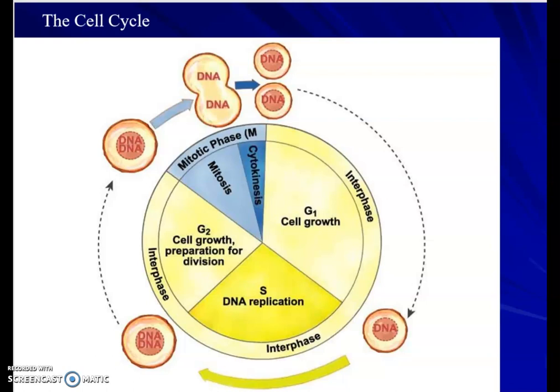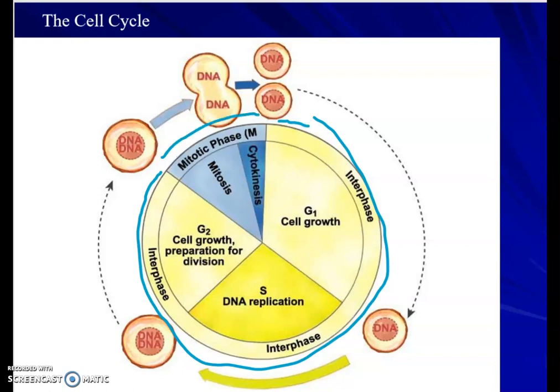The cell cycle can be divided into interphase, which is all the yellow stuff right here. So from here all the way around, all the yellow stuff to here, that's all interphase starting here. And then mitosis is the actual cell division part of the cell cycle. Interphase starts out with G1, that's a growth stage.